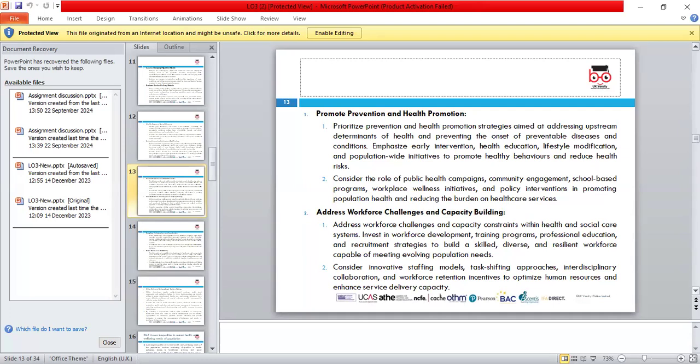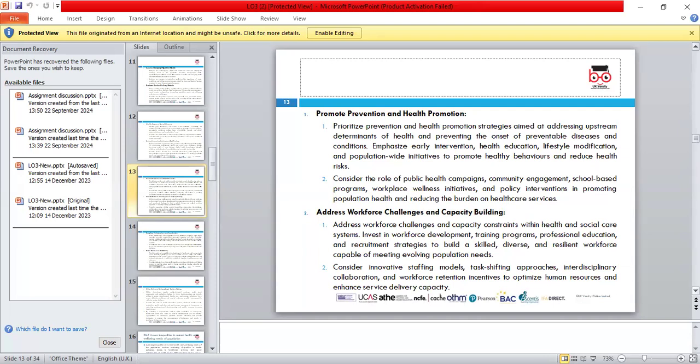So you have to do capacity building, invest in workforce development, training programs, professional education, and recruitment strategies to build a skilled, diverse, and resilient workforce capable of meeting evolving population needs.